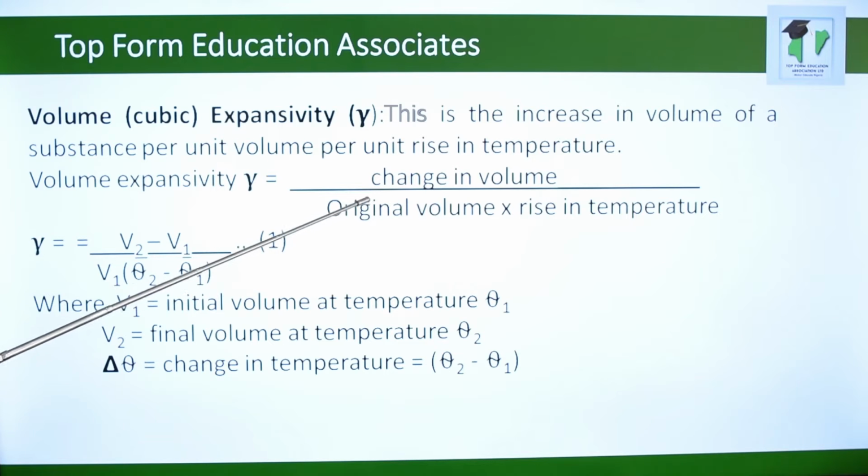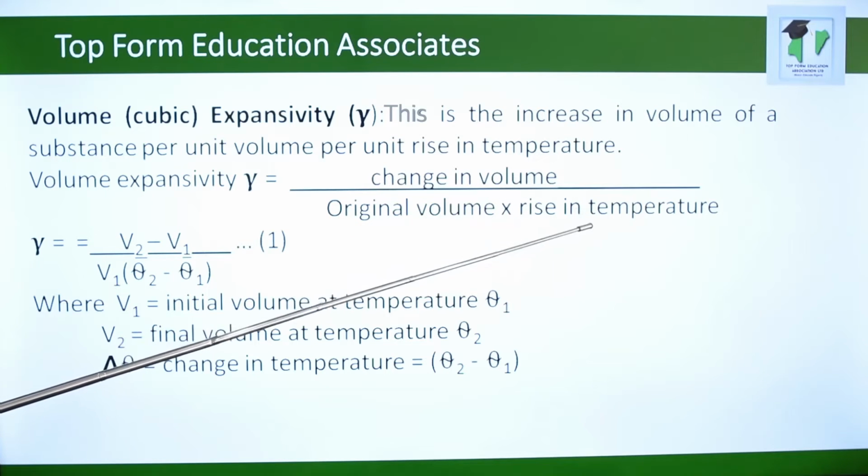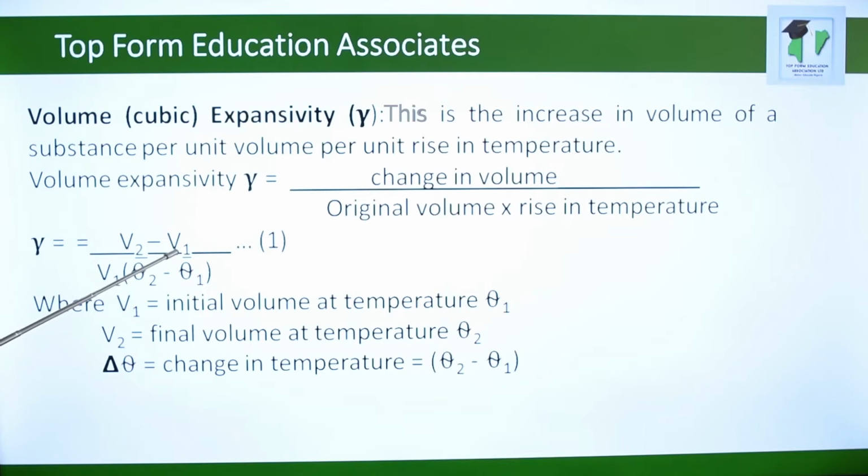From this, we have the formula to be change in volume over original volume times rise in temperature. Where V2 is the final volume, V1 is the original volume. So V2 minus V1, that is the change in volume, over V1, which is the original volume, times rise in temperature, which is theta 2 minus theta 1.